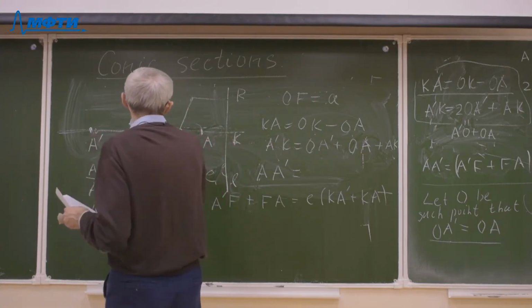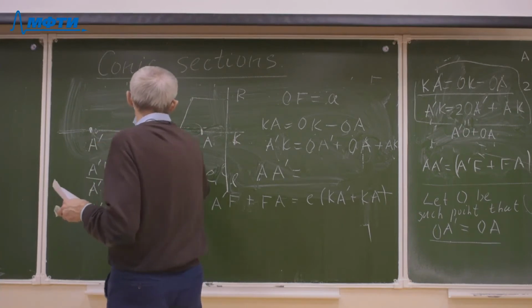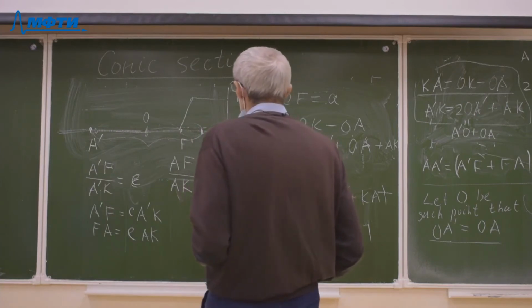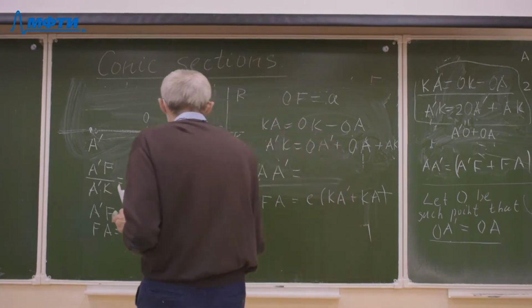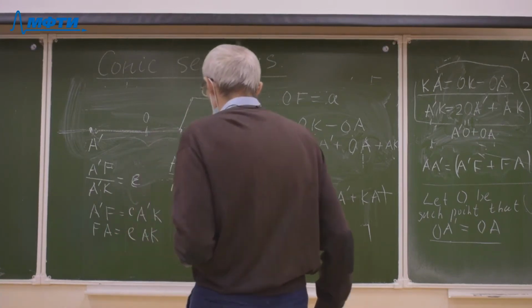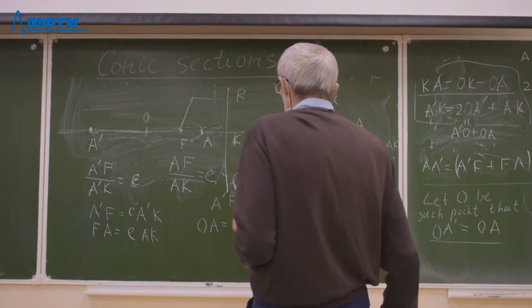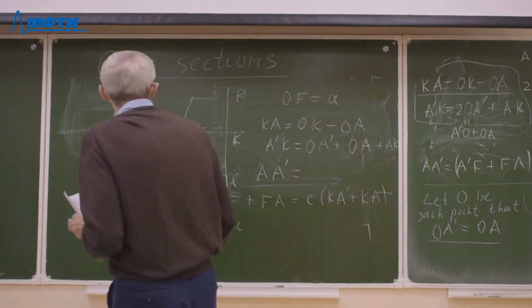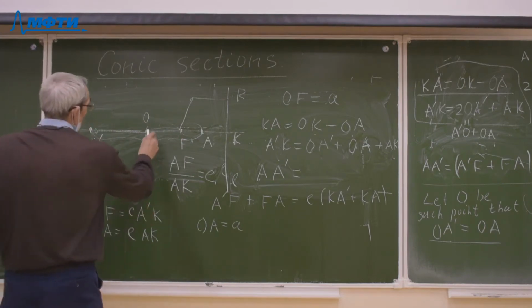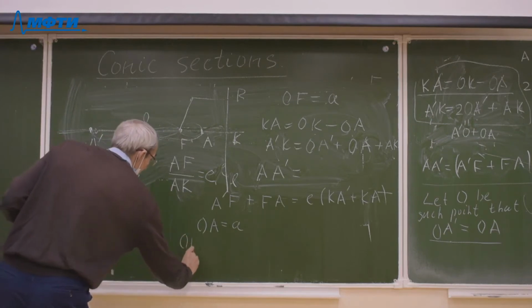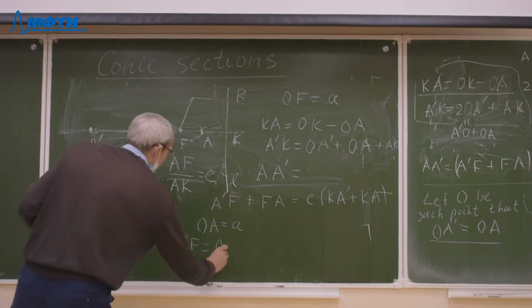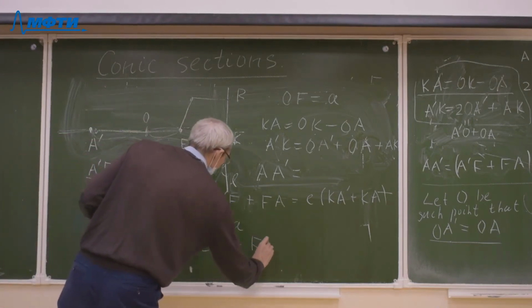Let O be the middle of the segment A prime A, and let OA is equal a, and OF is a difference, OA minus FA.